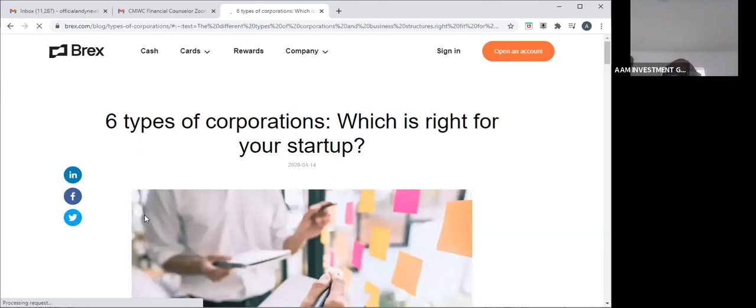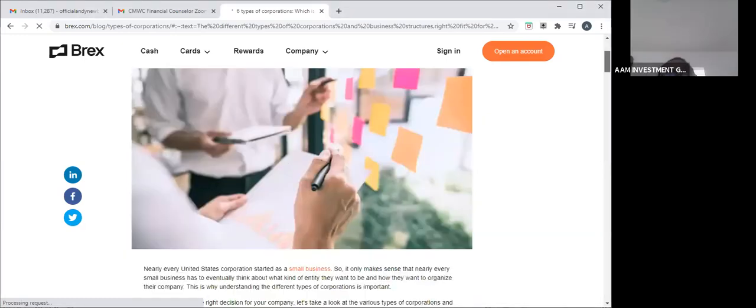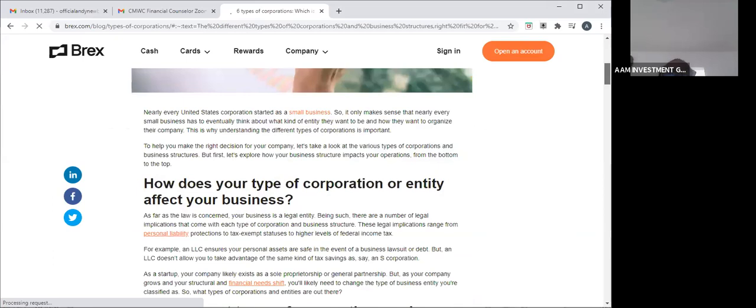All right, so now you should see where it says six types of corporation. Which one is right for your startup? You see that? Okay, good. So this is like I said, the backbone, right? So I'm going to jump down to those structures.